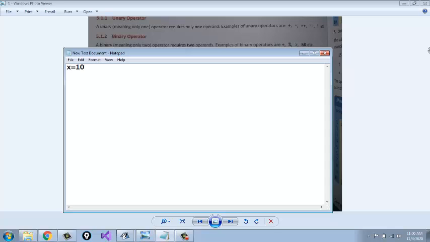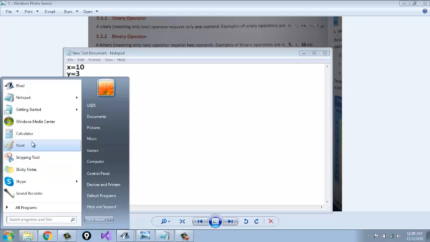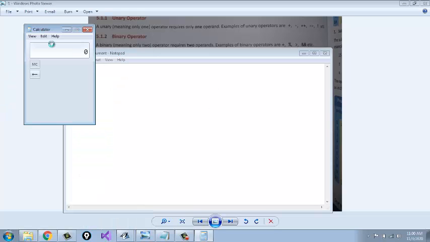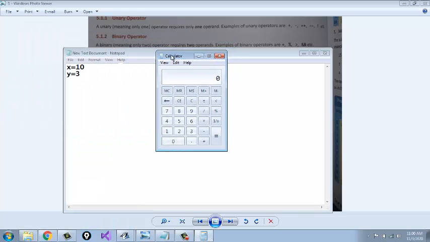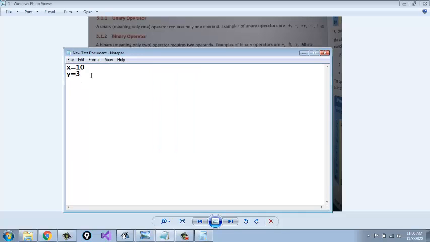What is the value of y? That is 3. So x divided by y will be 10 divided by 3, isn't it? What is the answer? That we need to find out.